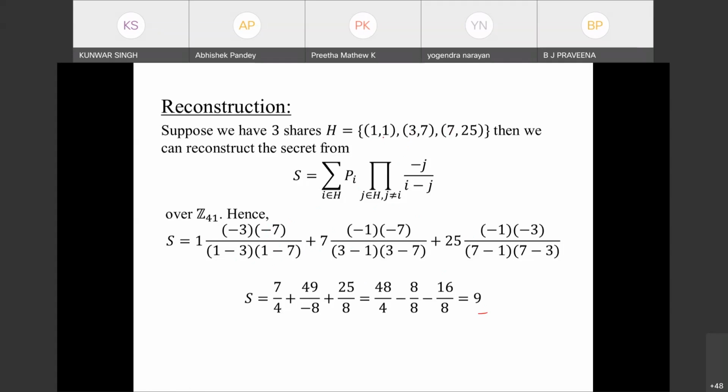Then you multiply. For the second one, 3 minus 1 and 3 minus 7. For the third one, 7 minus 1 and 7 minus 3. You got it.